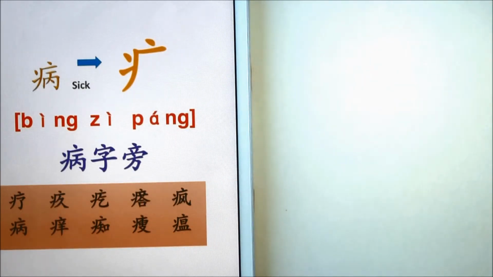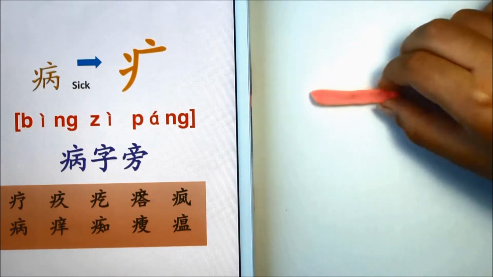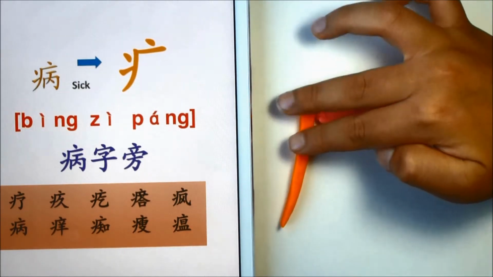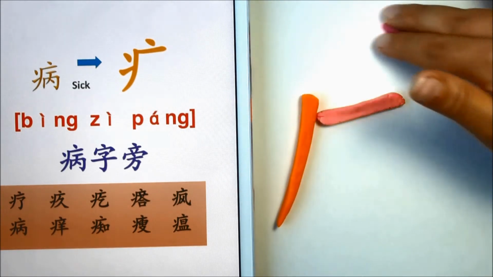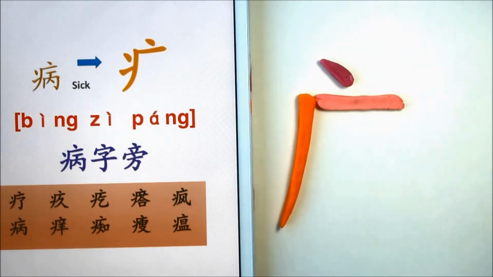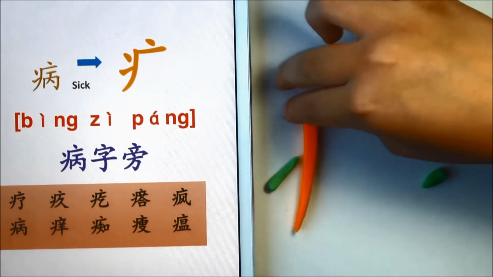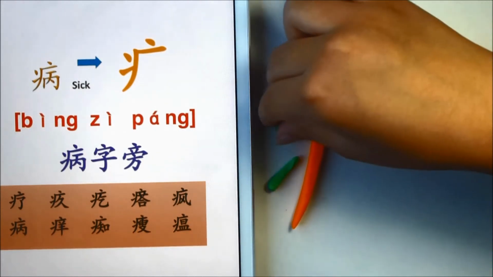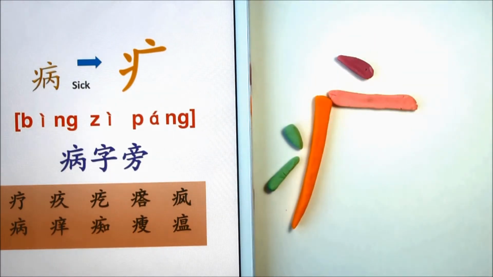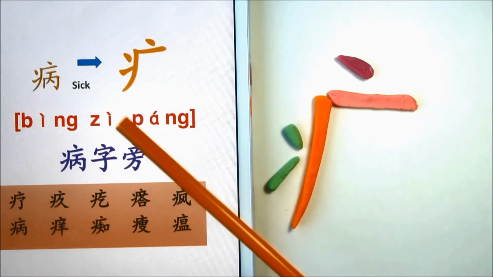For the next radical, this is 广. If we add 2 more dots to 广 from lesson 4, it turns into 病字旁, comes from the character 病, which means sick.